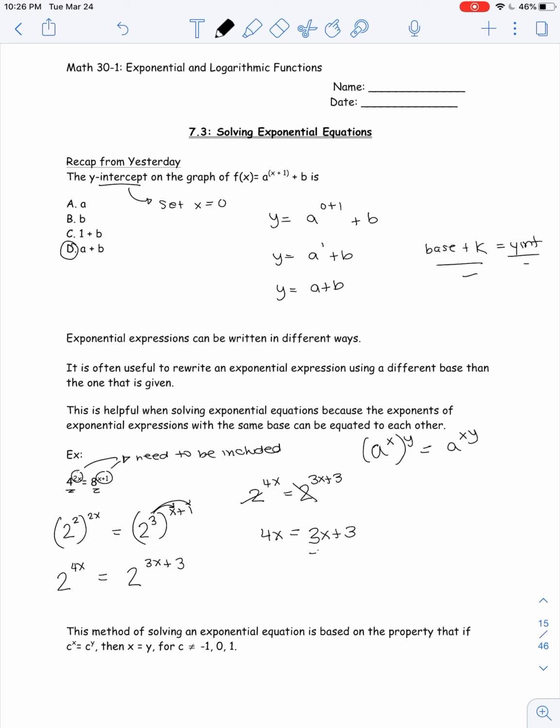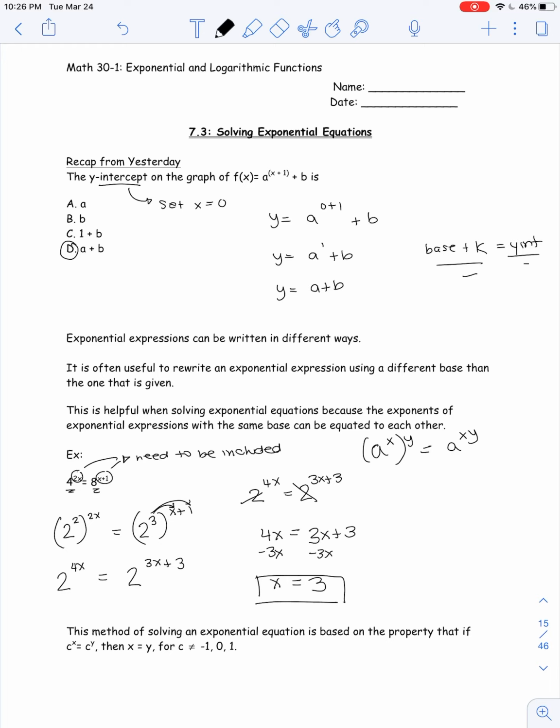And so all we have to do is isolate for x. Move this 3x to the other side, and it becomes x is equal to positive 3. You can always check by placing that back into your original question and seeing if left side equals right side, but this is the answer.